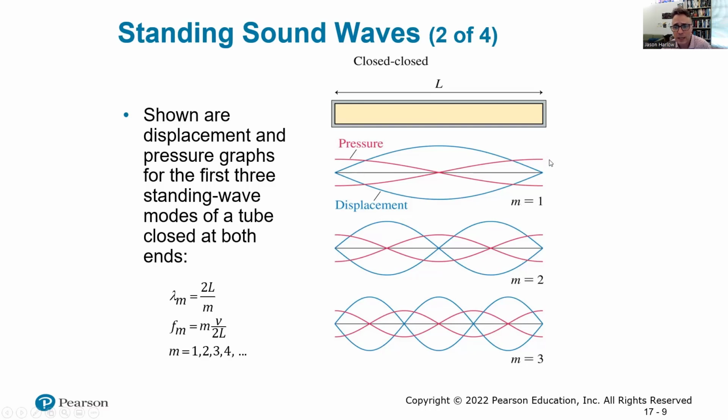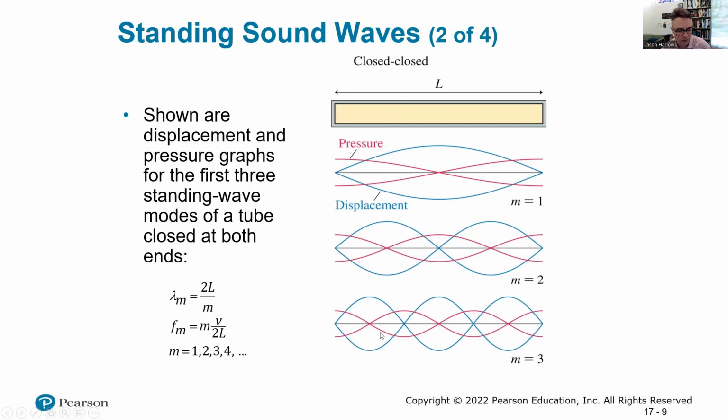So the m=1 has pressure antinodes at the ends, and it'll have a node right at the center. m=2 will have, again, antinodes at the ends, an antinode in the middle, and then two nodes at the quarter and 3/4 points. And then m=3 will have antinodes at the ends, two intermediate antinodes, and then all these nodes.